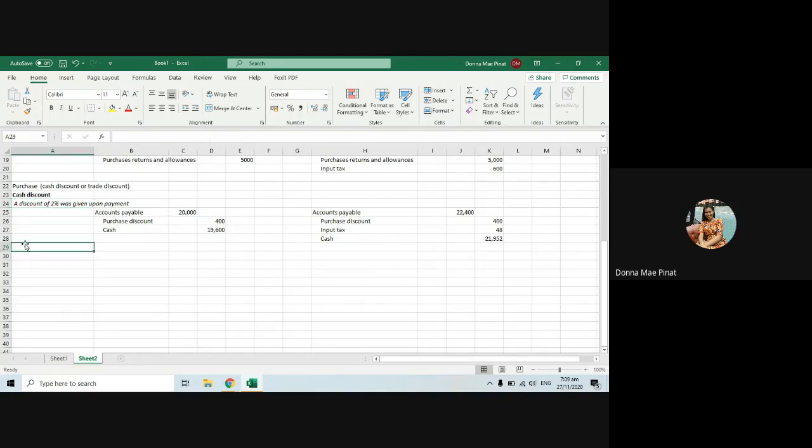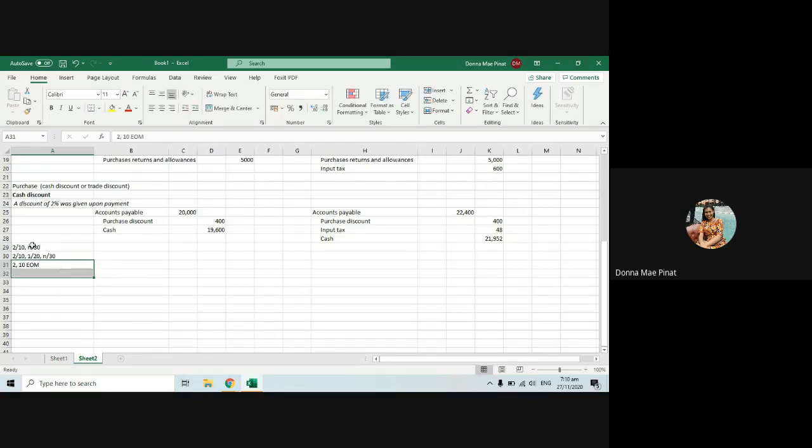Sometimes, I know you're familiar with this, it's 2, 10, and 30, or 2, 10, and 1, 20, just a sample, and 30, or 2, 10, EOM.